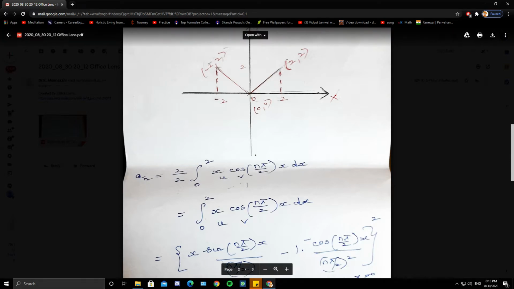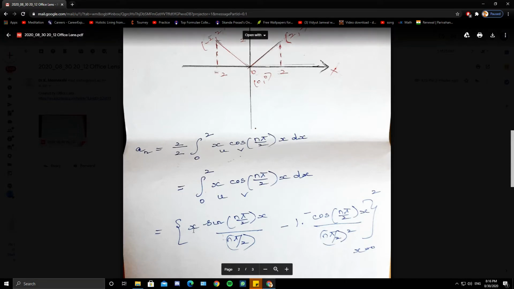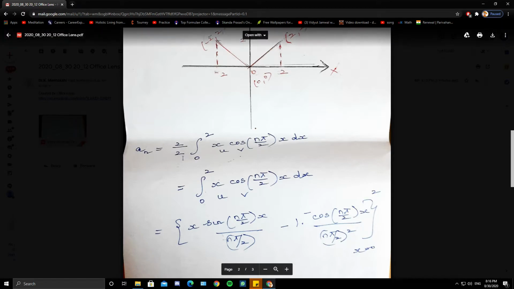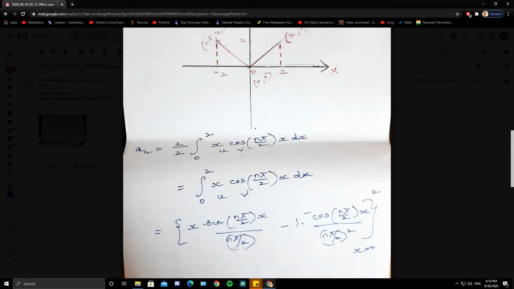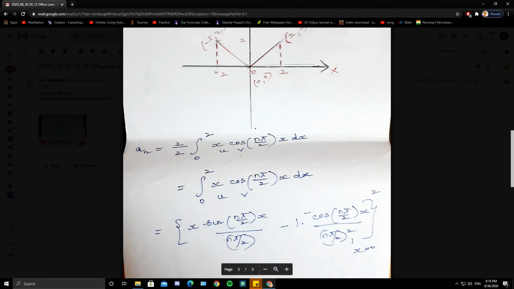Here we have to use Bernoulli's rule. Taking u as x and v1 as the integral of cos, we get x into sine of n pi by 2 x by n pi by 2, minus u dash, the derivative of x, which is 1, into the integral of sine, which is minus cos of n pi by 2 x by n pi by 2 whole square, from x equals 0 to 2. And 2 by 2 gets cancelled here.